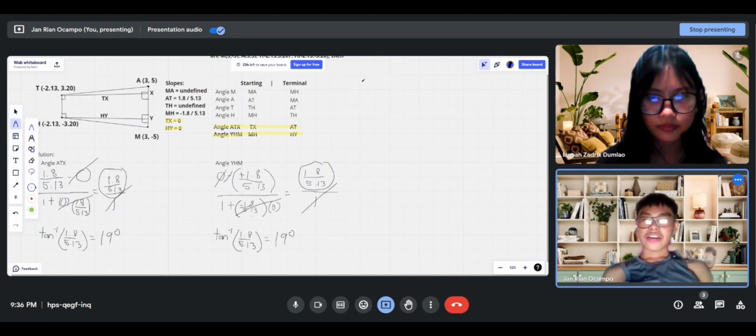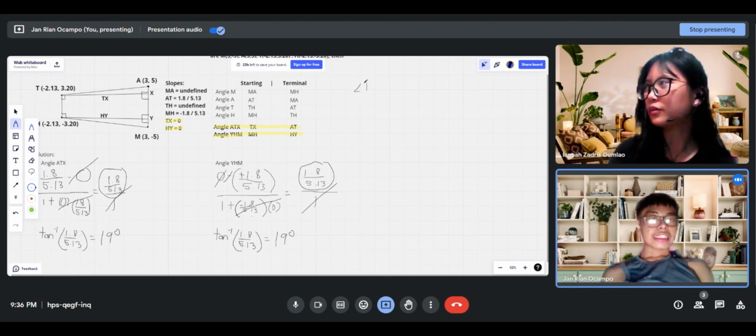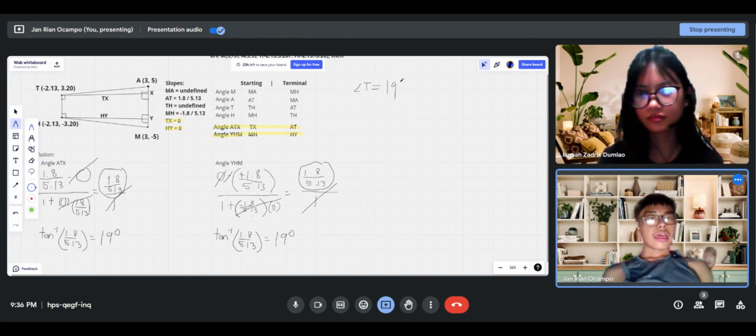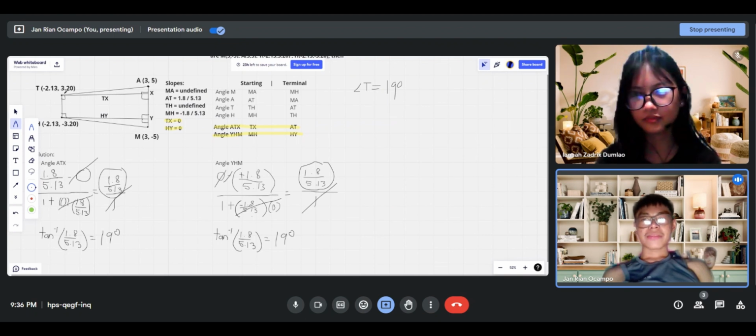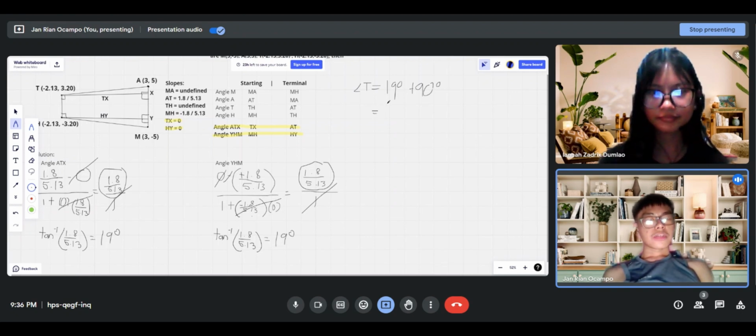So first we have angle T. Angle T is a combination of angle ATX, which is 19 degrees, and a 90-degree angle created by this vertical line parallel to the y-axis, plus 90 degrees. We sum that up to 109 degrees. And this is one of the final answers that we need.